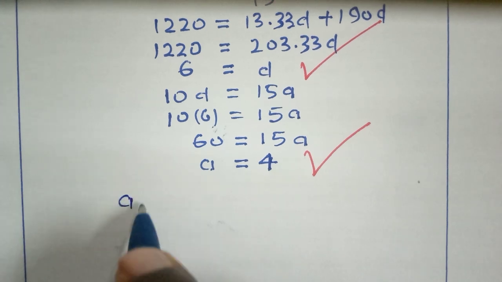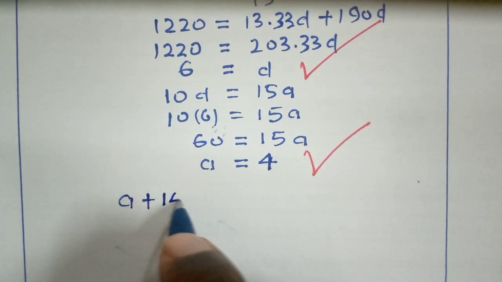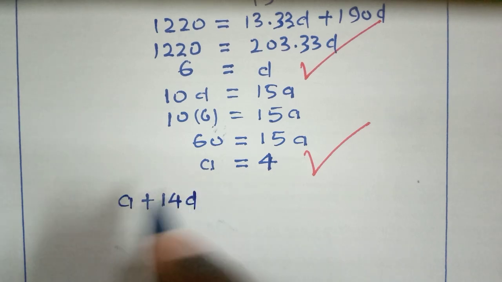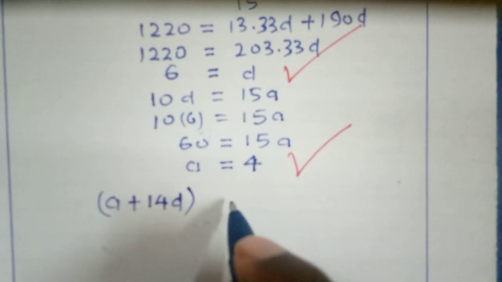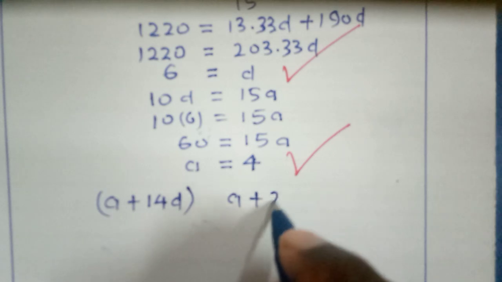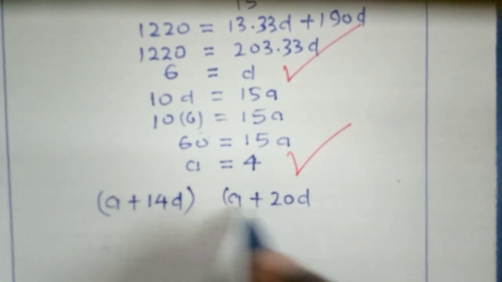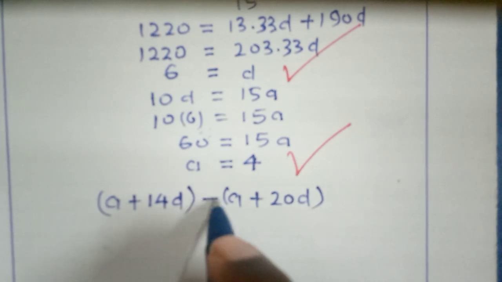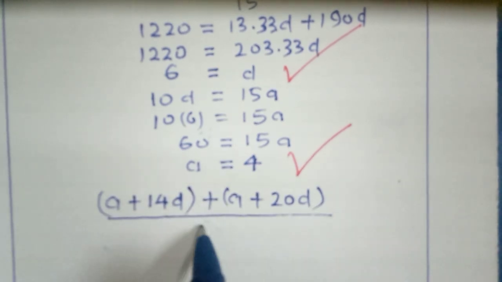A plus, if it is 15, then you write 14D, like that. And then we have the 21st term. The 21st term is A plus 20D. And so for the average of those, guys, we are going to add, and then we divide by 2.